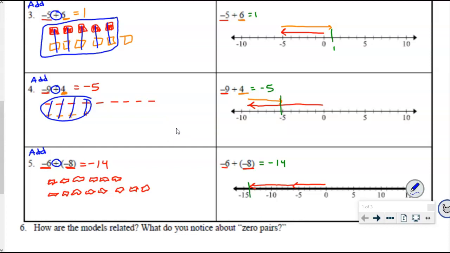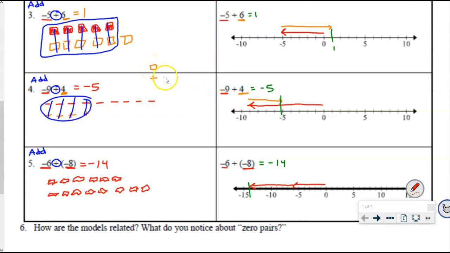Yep. Here's some other ways that haven't been mentioned. Are we representing positives and negatives in exactly the same way? How am I representing positives over here? On the chip tile, how am I representing positives? Maybe I'm using a plus sign, right? Or maybe I'm using a positive counter like that.